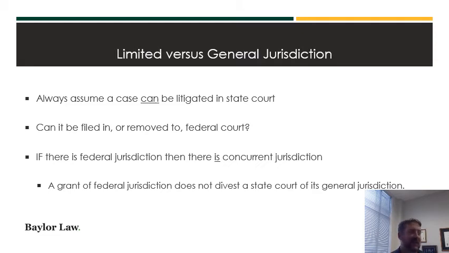In other words, if I file in state court a case I could have brought in federal court and you're happy, you don't want to remove the case, we can try that thing all the way through to judgment in state court, and it is entirely irrelevant that there was federal jurisdiction. We didn't do something wrong because a grant of federal jurisdiction standing alone is not exclusive. It just creates concurrent jurisdiction.